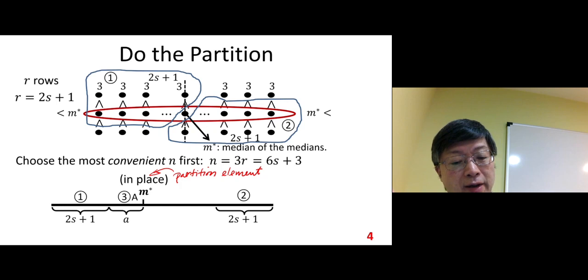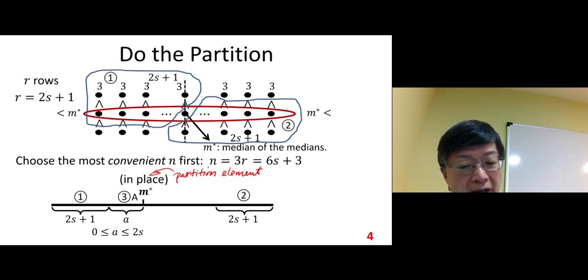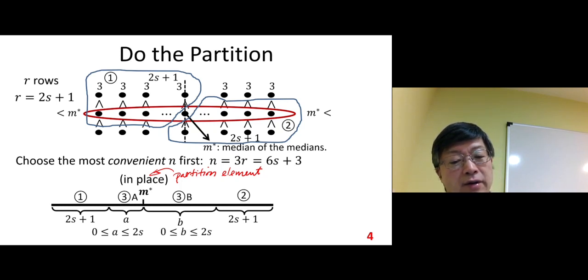After 2s comparisons, we know there are little a elements, which we call the 3a block, at the left-hand side of M star, and the 3b block, with little b elements, at the right-hand side of M star.